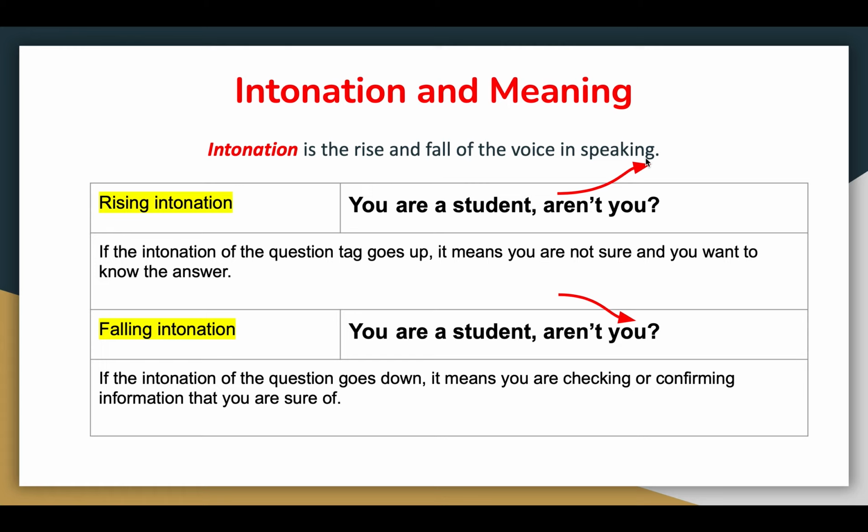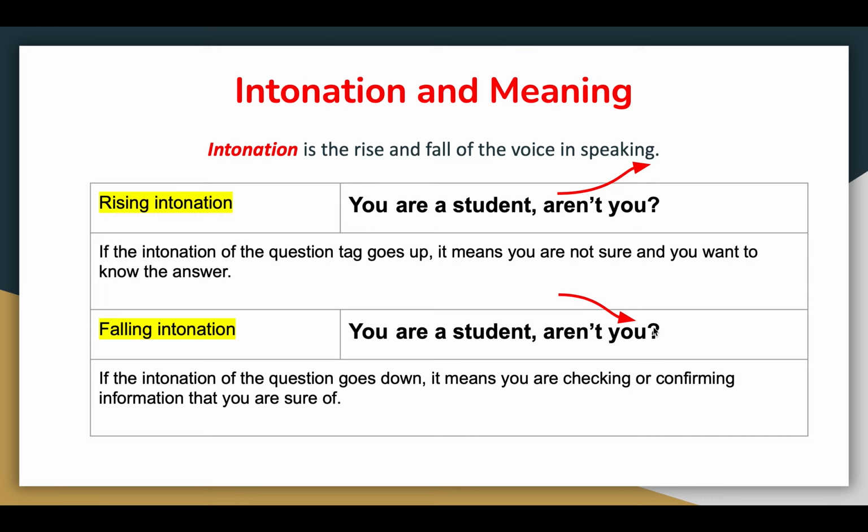Now, when do we use the falling intonation? The falling intonation uses this downward arrow. Example: you're a student, aren't you? Notice I didn't say it rising, but falling.